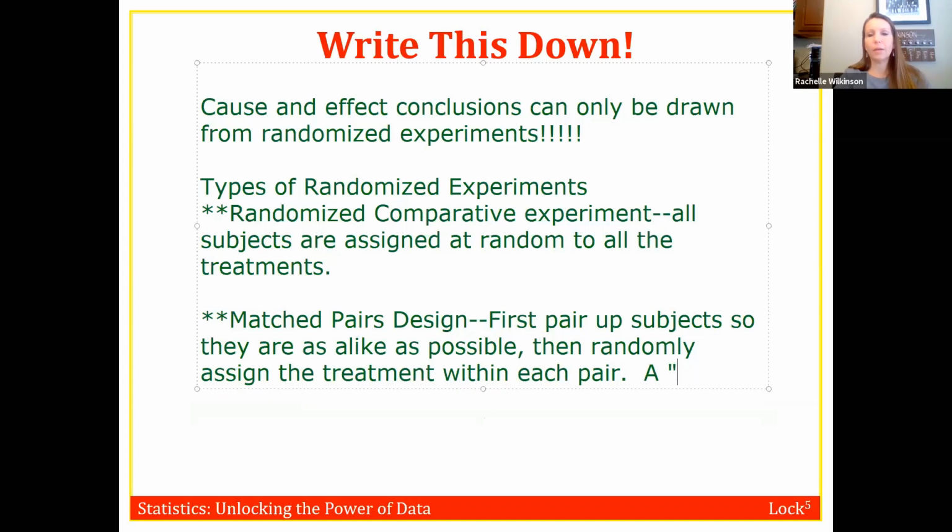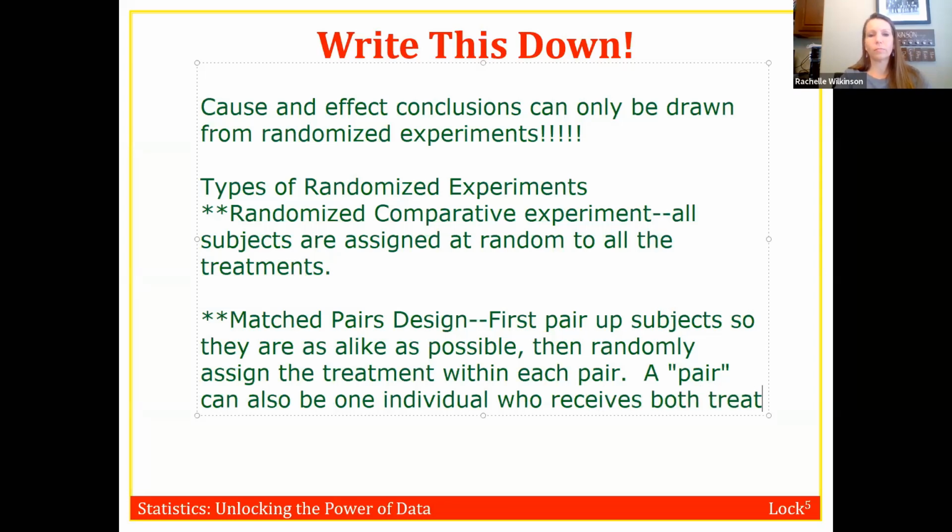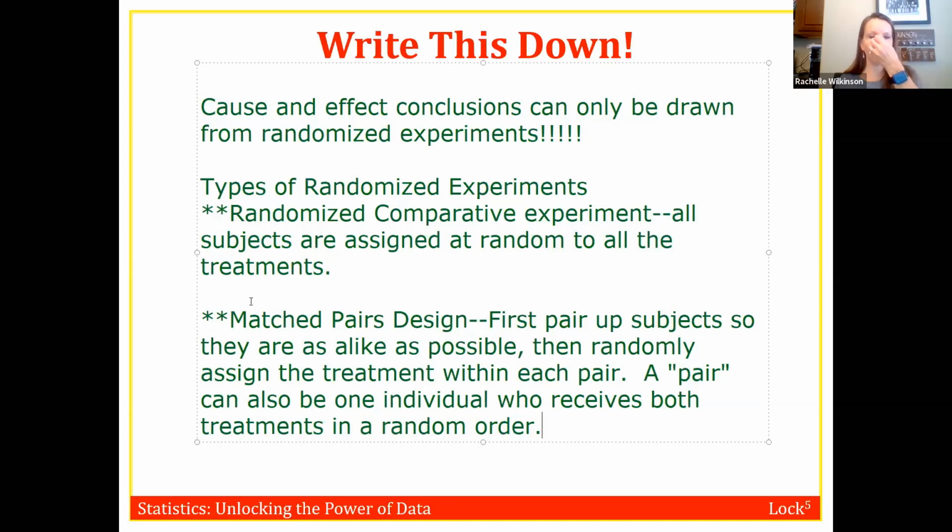I'm going to say a pair can also be one individual who receives both treatments. So taste tests, they do some drug studies this way where they have a washout period in between, are done as matched pair studies. So these are the two that we're going to learn how to analyze here in our class.